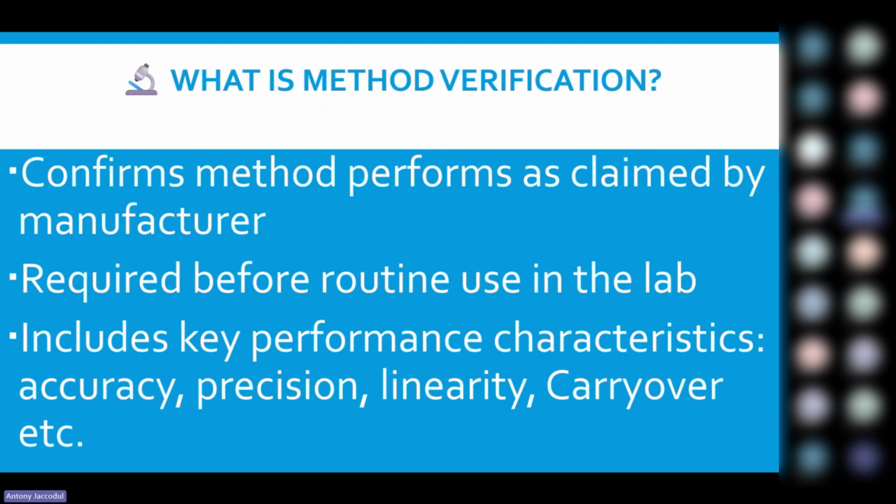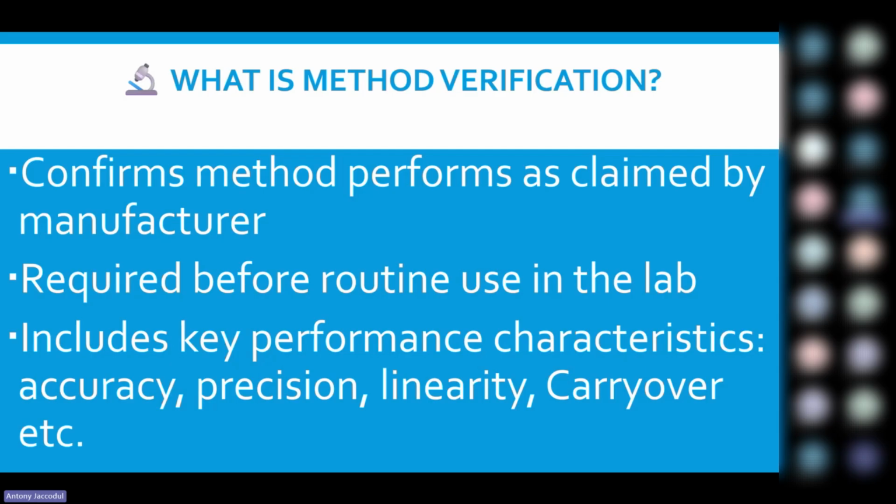Method verification is something that anybody in the QMS ecosystem has worked with, gone through, and implemented. On ISO 15189:2022, method verification is about confirmation of claims by the manufacturer that the test you are putting into use in your laboratory is fit for purpose and fit for use.